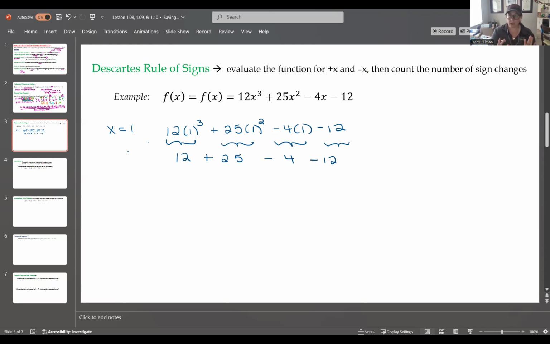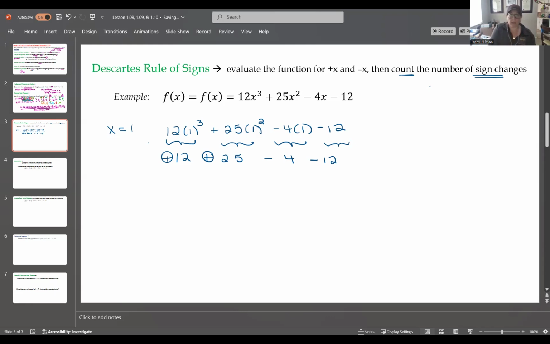Once I have plugged in and simplified each individual term, this tells me to count the sign changes. So I need to see how many times I go from positive to negative and then negative to positive. The first number I have is positive, and the second number is positive, so that does not change.